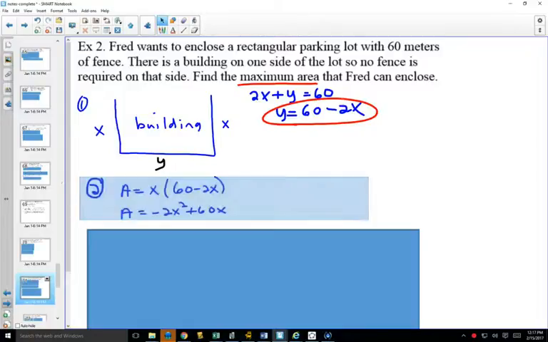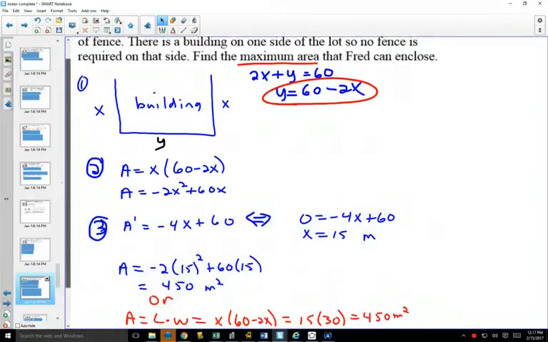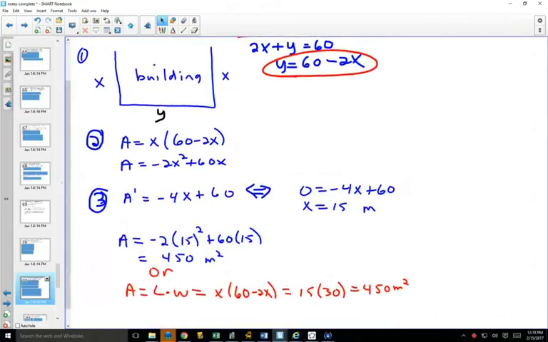So we can write our equation as our area is going to equal x times (60 minus 2x). That's going to be key in all of these optimization problems. We're going to want to write an equation that only uses one variable. Because once we do that, now to find the maximum or the minimum, we take the derivative. Taking the derivative in this case and setting it equal to 0 tells us that x has to be 15.